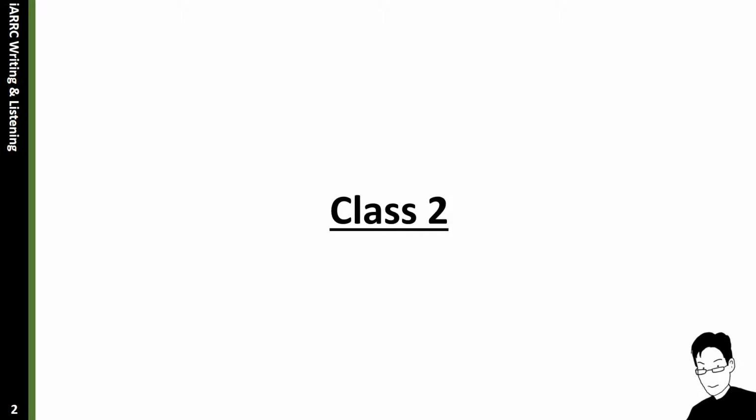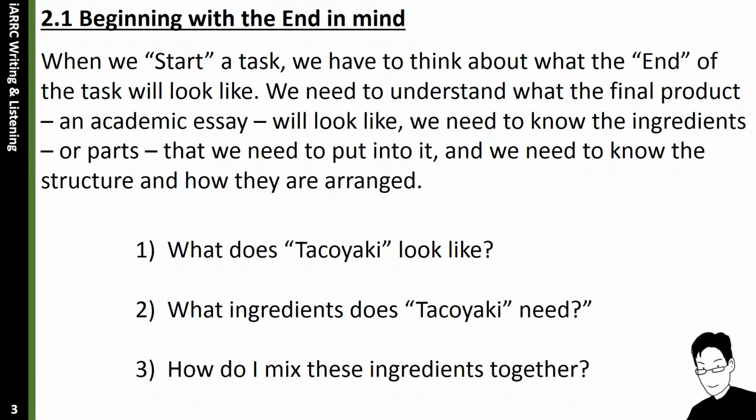In this class, we will look at how an essay structure is made and the parts that make up this structure. When writing an essay, or in fact doing anything, we need to begin with the end in mind. This means when we start a task, we have to think about what the end of the task will look like.